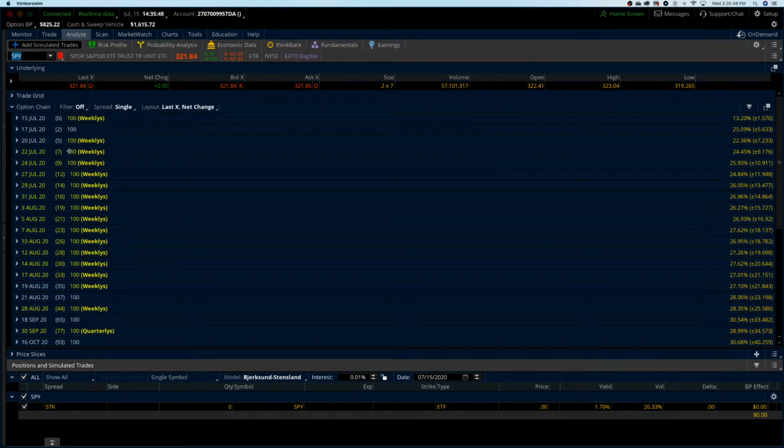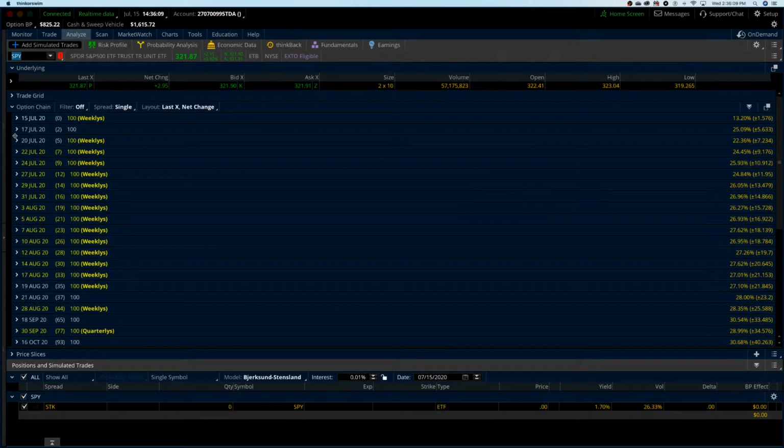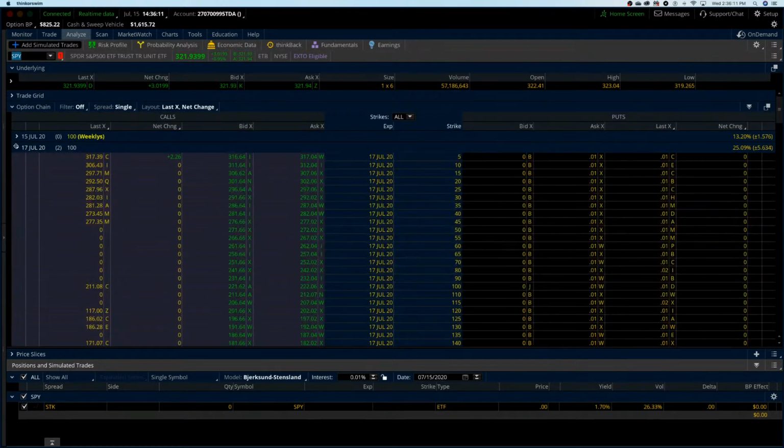You can see there are different types of contracts for SPY. Some of them are called weeklies. Those are ones that expire on a weekly basis. The ones that don't say weekly expire on a monthly basis. If you look at this list, you'll see there are little arrows here, and I can click them and drop down and see what's in there.